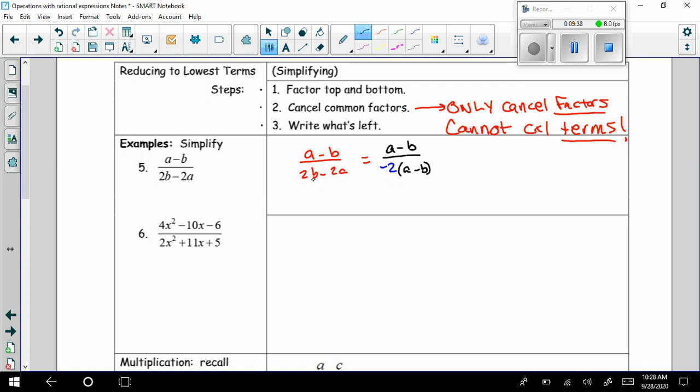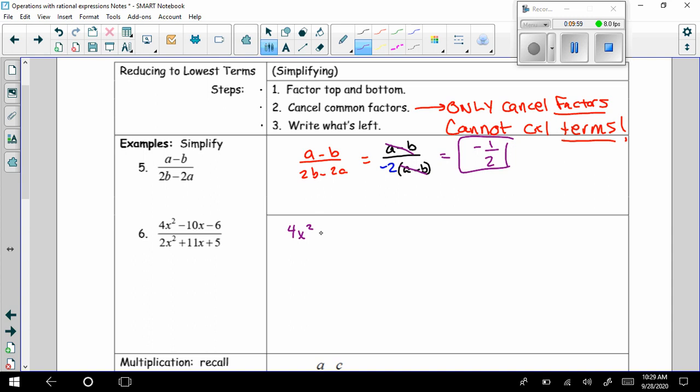All right, so think about both of these signs would switch, and now the 2 is gone. All right, so these cancel out. So I end up with negative 1/2 as my final answer.